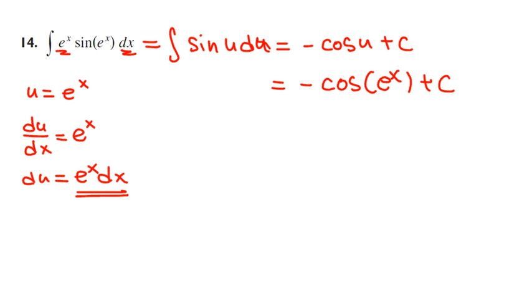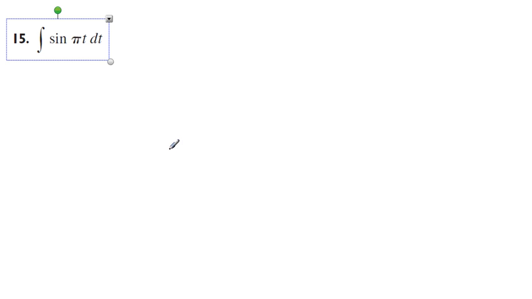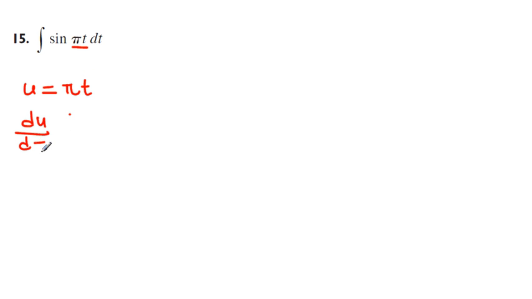All right, let us move on to number 15. Here we have sine of pi t. In this case, if we set pi t as u, then du over dt simply becomes pi.